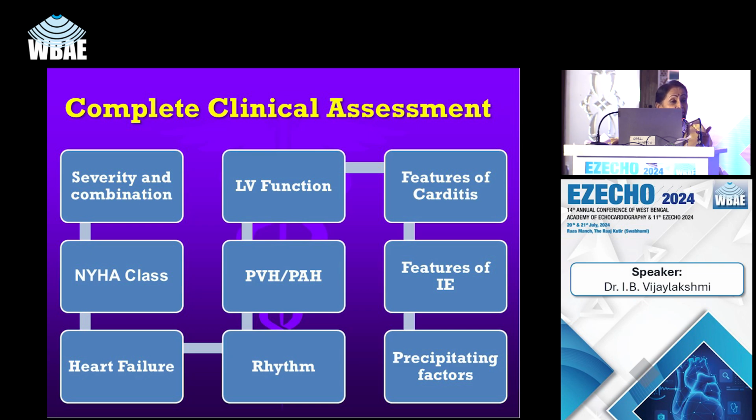Then the NYHA class, which is 3. Heart failure, not there. Rhythm, sinus rhythm. Pulmonary vascular hypertension present in both. LV function is preserved. Features of carditis not there. Features of infective endocarditis not there, and precipitating factors are not mentioned. These are the things to think of as a clinician when analyzing the patient.